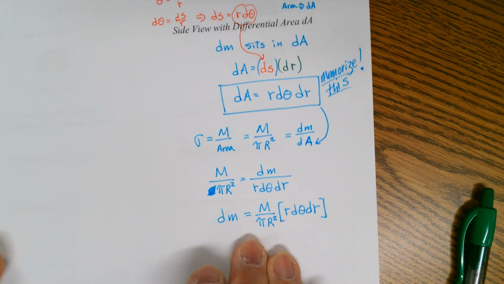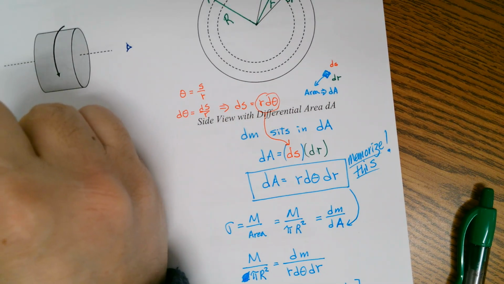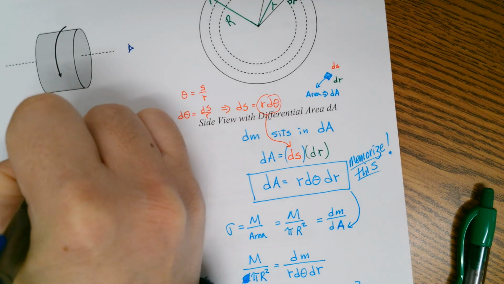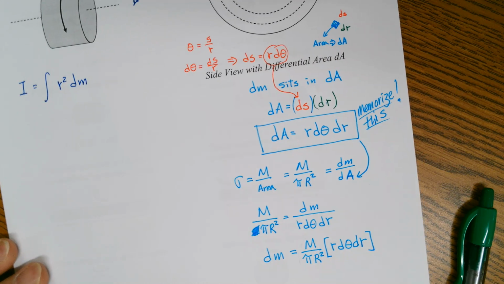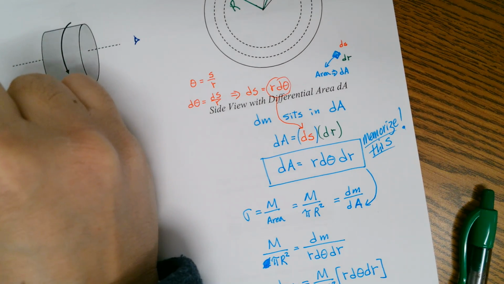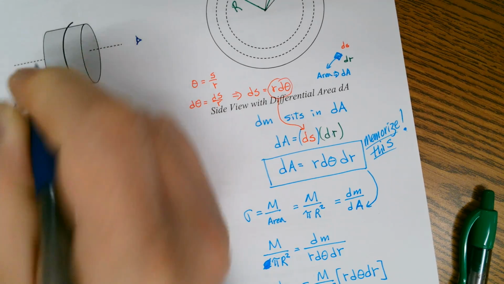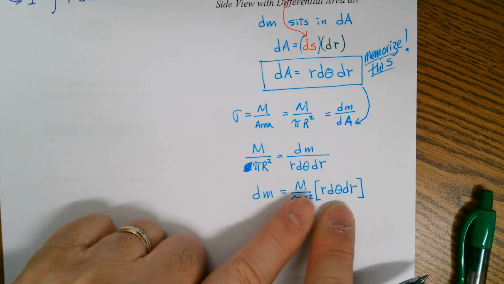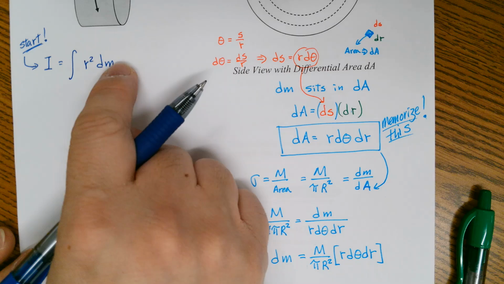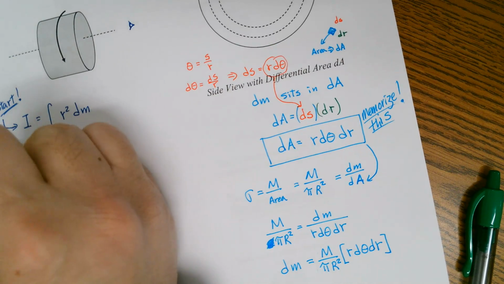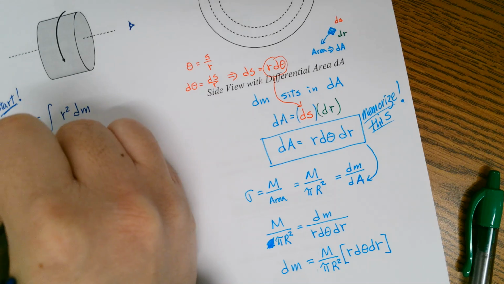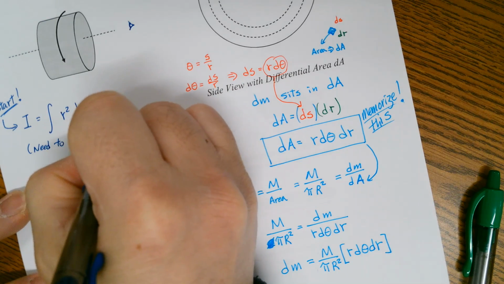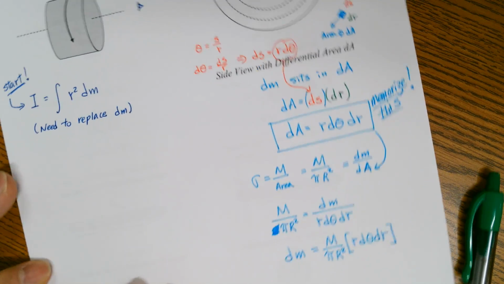Now we're going to use our integral: I is equal to the integral of r squared dm. So we start from here. Now we're going to substitute this into my dm, so I need to replace dm.